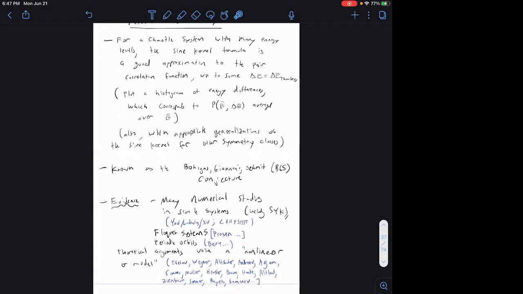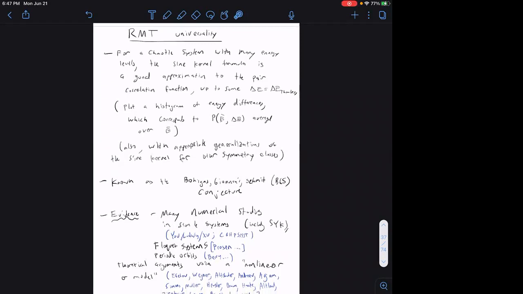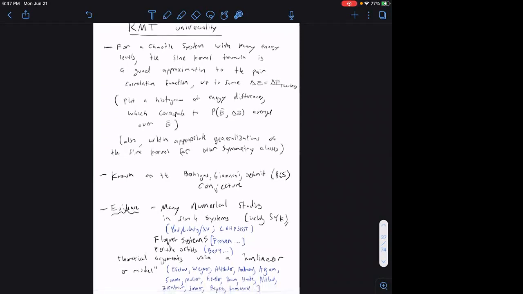In some more general systems, there's something called a nonlinear sigma model approach. It's very different from what I've talked about, and it gives a little bit of theoretical understanding of why you expect this average sine kernel behavior for an actual fixed, non-random chaotic system. So this is the random matrix universality, which should apply to any chaotic system, regardless of dimension or what matter it has.